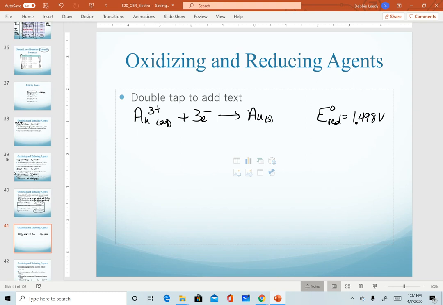Since this reaction has the most positive reduction potential, it means that of that list, gold ion in the aqueous form is the easiest to reduce and therefore is the best oxidizing agent.